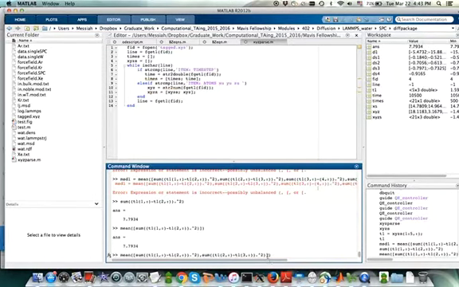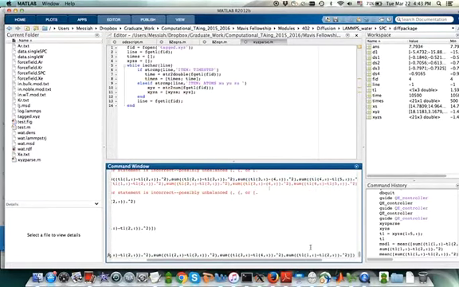So anyways, what I'm doing is just calculating the mean squared displacement of step size 1.